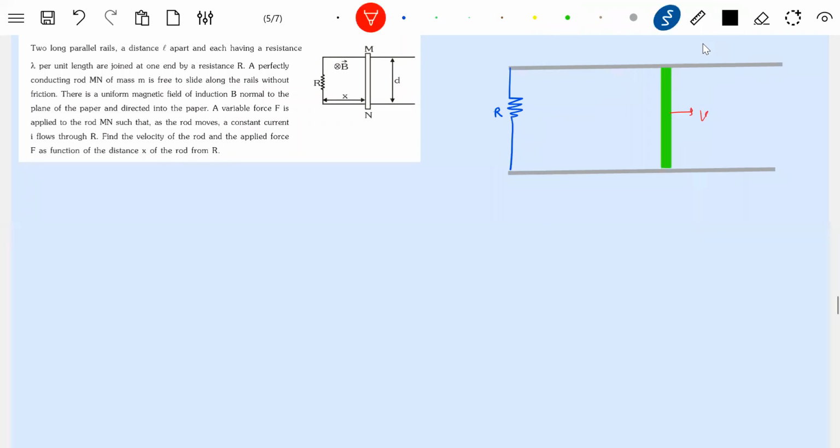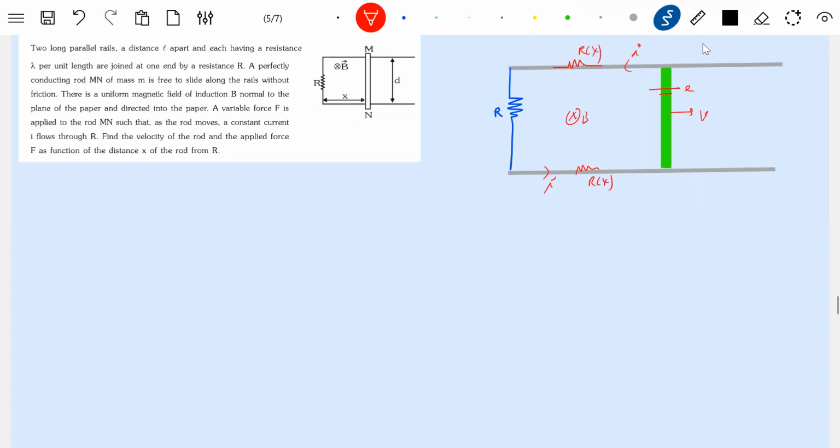First we'll go for the induced current. The magnetic field is into the plane. This will also have resistance, no? R of x, I'll write it. Here I should replace with a cell, EMF, and the induced current will flow in fact anti-clockwise.